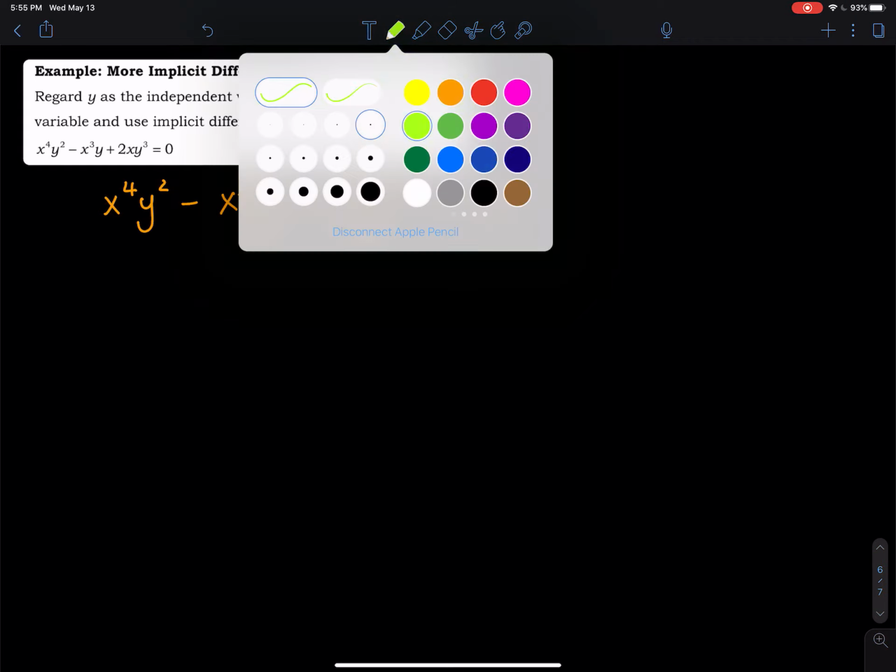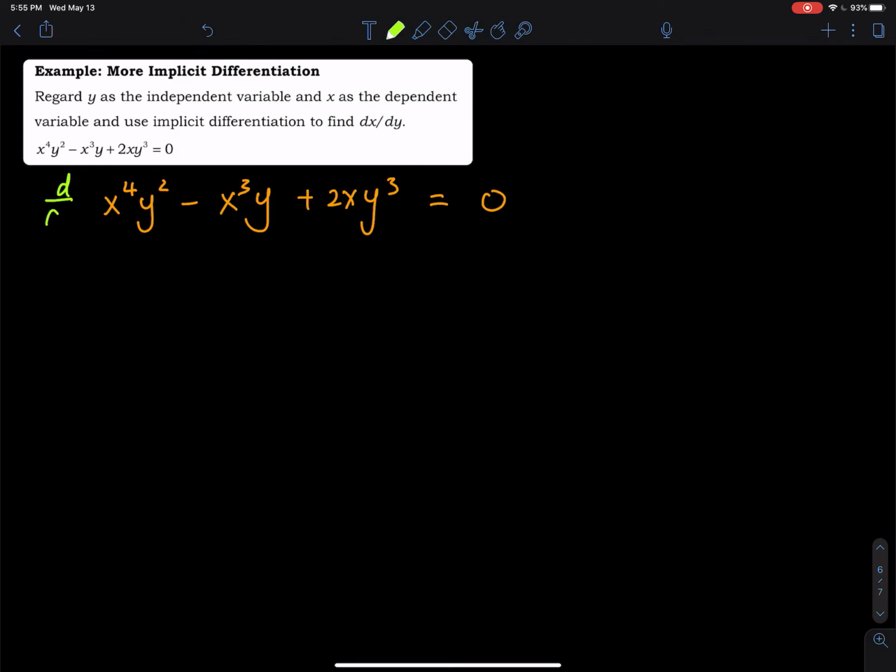So let's write down the problem first. We have x to the fourth y squared minus x to the third times y plus 2x y to the third, that is equal to 0. Since we are doing implicit differentiation, we are not wasting any energy to split the x and y. So I will just go ahead and differentiate both sides.